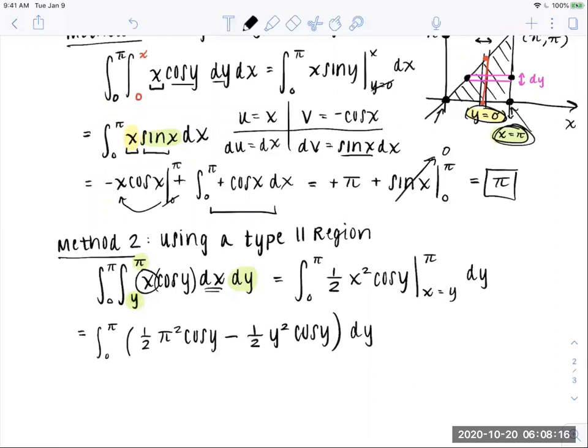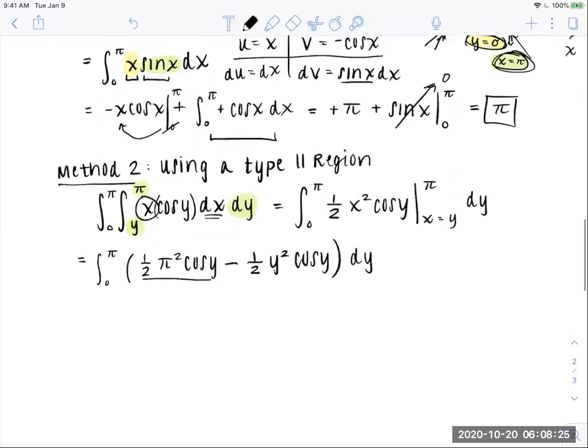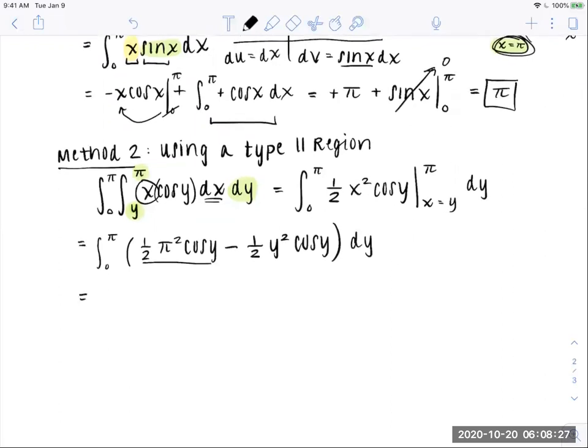All right. So for this first term here, I can integrate this directly. The 1/2 pi squared is a constant, and the integral of cosine y is sine y. So I have 1/2 pi squared sine y from 0 to pi. And I'm just going to note here that this entire term is going to die out just because sine of pi is 0 and sine of 0 is 0.